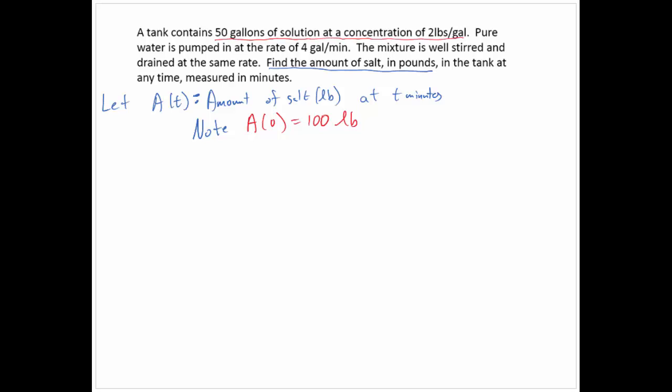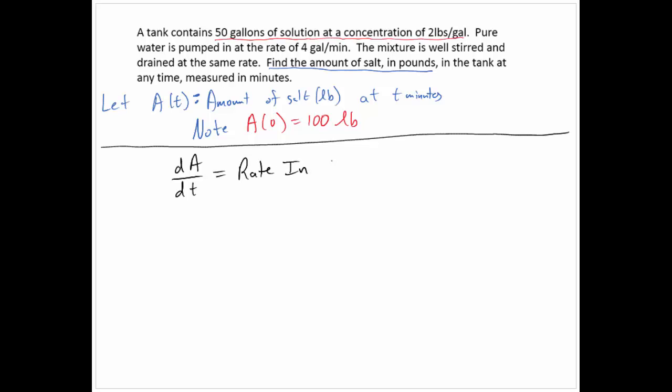Now, for these types of mixture problems, a general way to approach this is to consider the rate of change of the amount of salt, dA/dt. The change in the amount of salt is going to be the rate in minus the rate out.